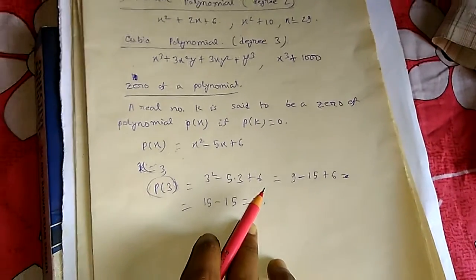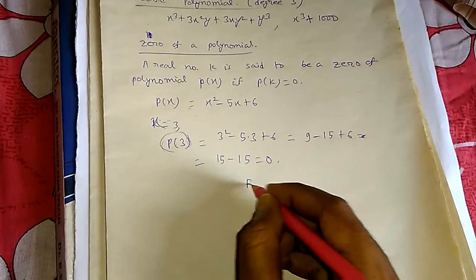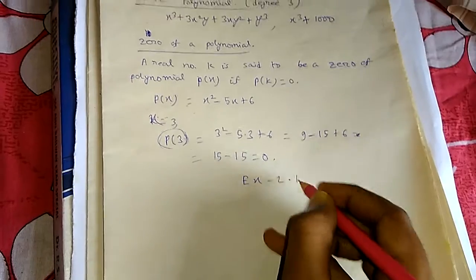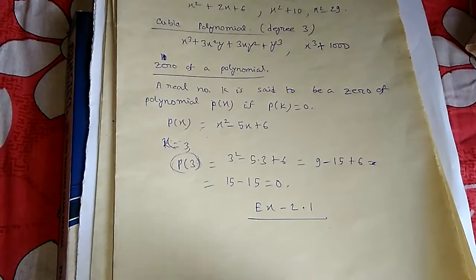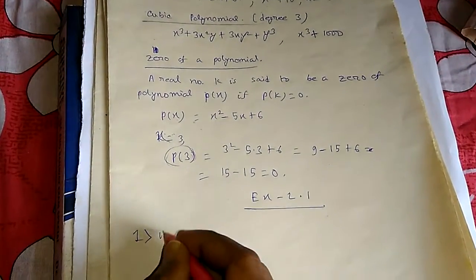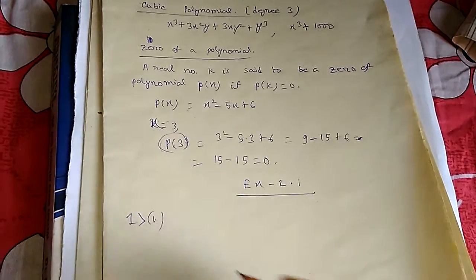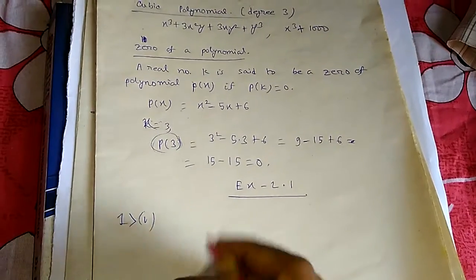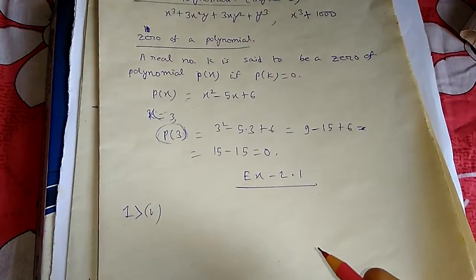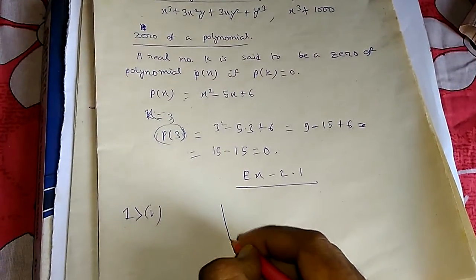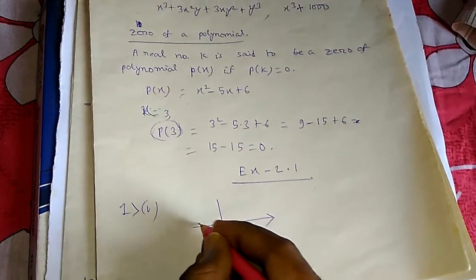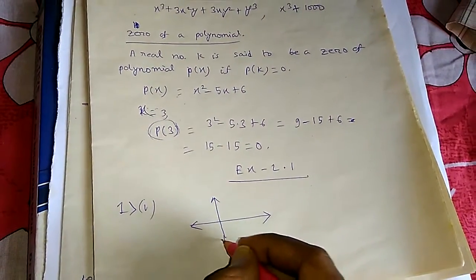Okay, now we will go to exercise 2.1 directly. The exercise is very easy. They have given some figures, and by seeing each figure you have to tell how many zeros of the polynomial it has. The first figure is given like this. Let's check the figure which I am drawing.